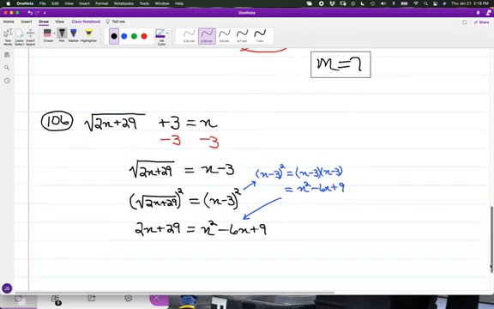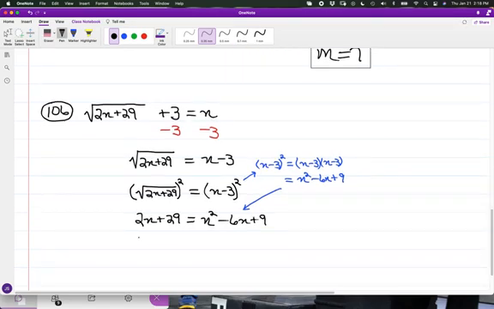And just putting what we have in standard form, we're going to deduct both 2n and 29 so as to set the equation to 0.